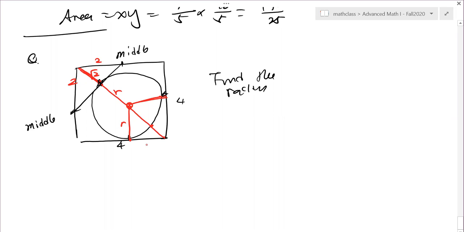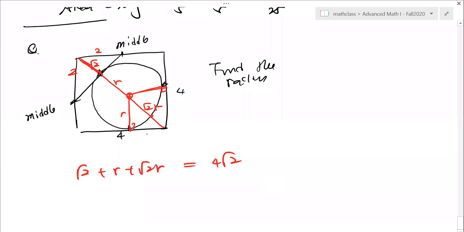So this is the radius r. If this is r, this is a right triangle, so this part is square root 2 times r. So square root 2 plus r plus square root 2 r, total, should be equal to 4 square root 2, because the length of the diagonal of the square is 4 square root 2. Immediately you solve the problem.